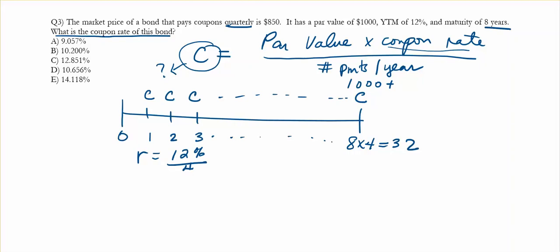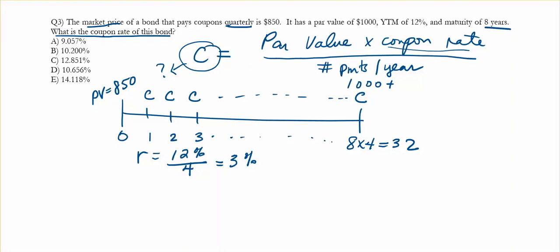Because it's quarterly and yield to maturities are APRs, the quarterly discount rate will be 3%. And we are told that the market price of the bond is $850. Now the term market price is the present value.